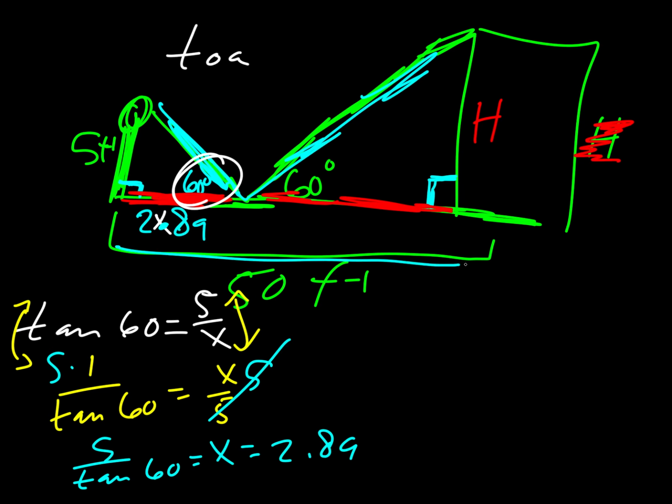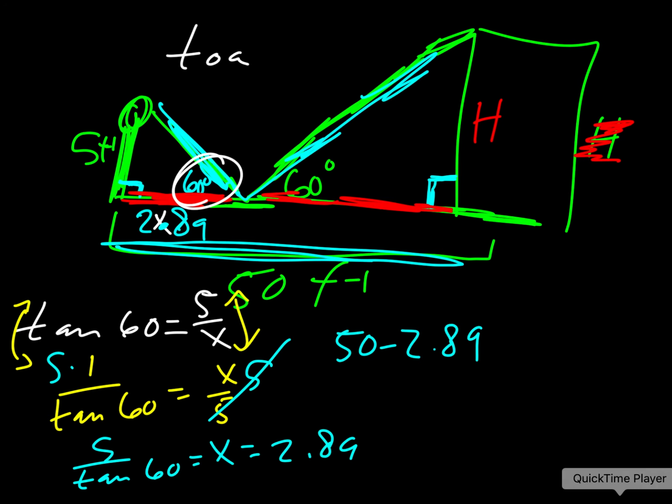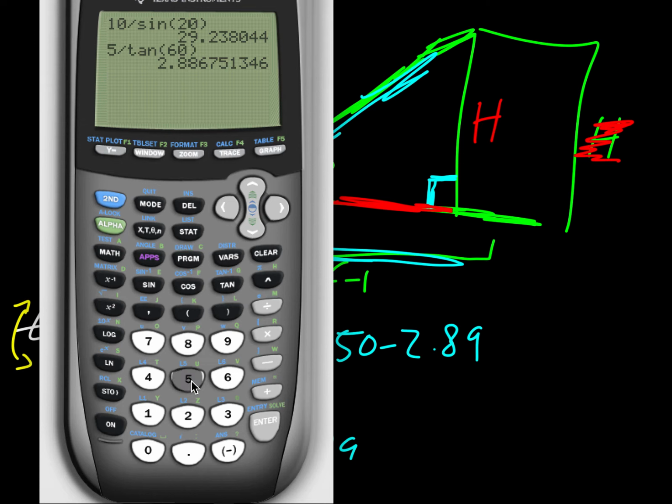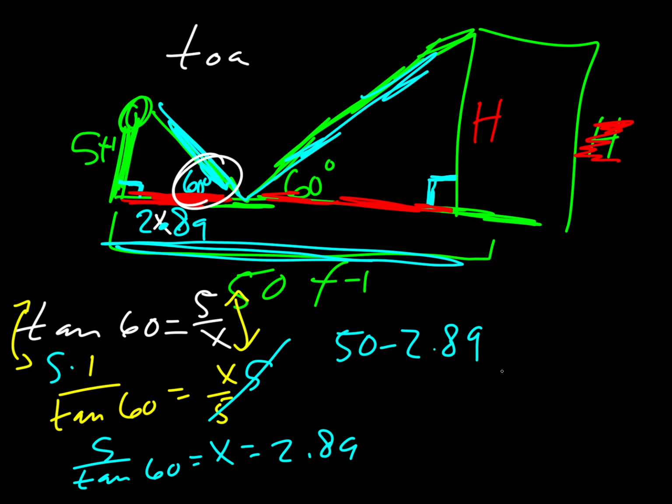Since we know this entire distance is 50, we say 50 minus 2.89, so 50 minus our last answer, we get 47.1. So this distance is 47.1.